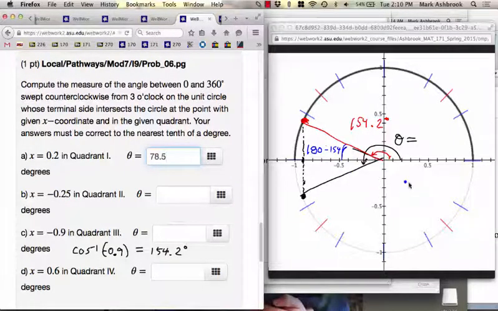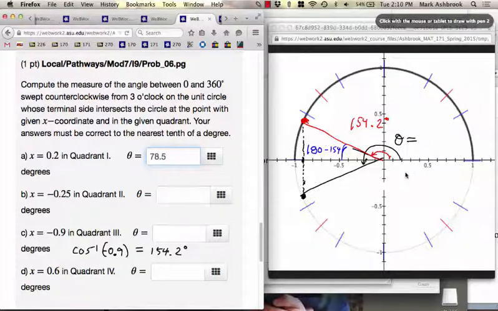So what he's saying is that from here to here, by symmetry, is also 154. That's the red angle I drew up here, the same as that 154. So you could take 360 minus that, and it would give you all of that. That works too.